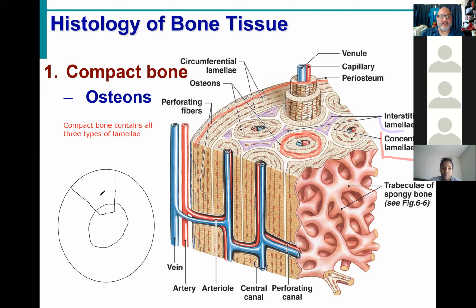Yeah. Okay, excellent. Now, as we mentioned, let's switch to red. We know that the compact bone is comprised of osteons. So here's an osteon, and here's an osteon, and here's an osteon, and so on. Each of these osteons is made up of a circular layer of matrix that surrounds another circular layer of matrix, which surrounds another, until we finally get to the central canal.